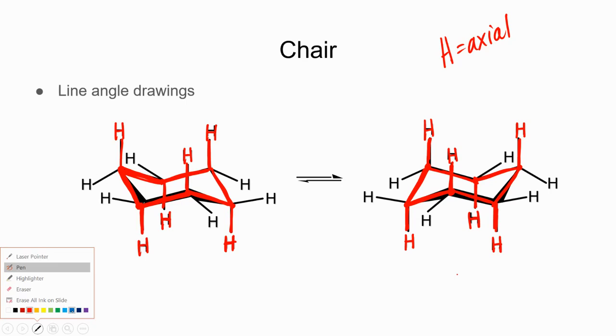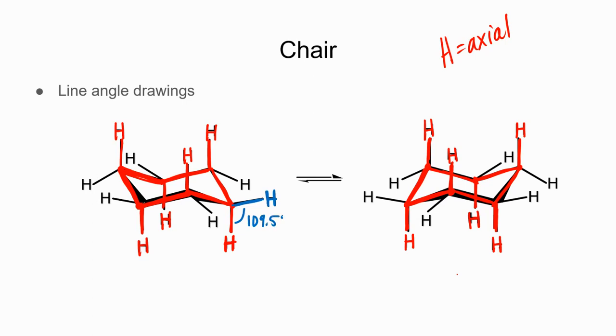And I'll switch to, let's do blue for equatorial. Now, equatorial is definitely a little bit trickier. Equatorial hydrogens are not drawn completely horizontal. They're drawn just a little bit above or below a horizontal. That's because this angle needs to be 109.5. If you drew it exactly horizontal here, the angle would be 90 degrees. So you need to get that angle just a little bit greater than 90 degrees.